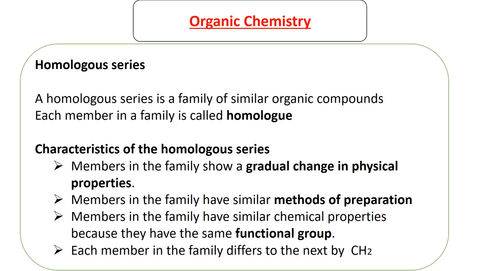Okay, so the members of each family differ by CH2 if they are following each other. So if there is this member and then there's another member, if the way they are arranged they are following each other, then they are going to differ by 1 carbon atom and 2 hydrogen atoms. It will become more clear as we visit the families.